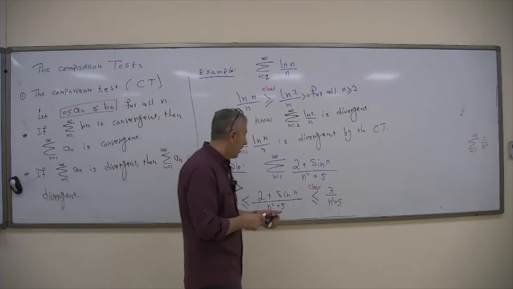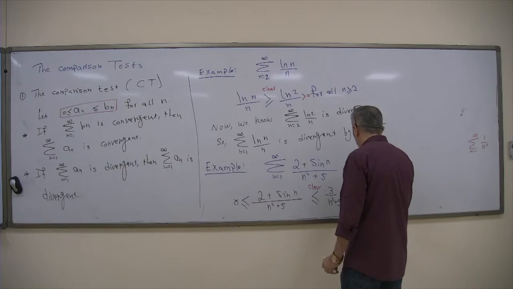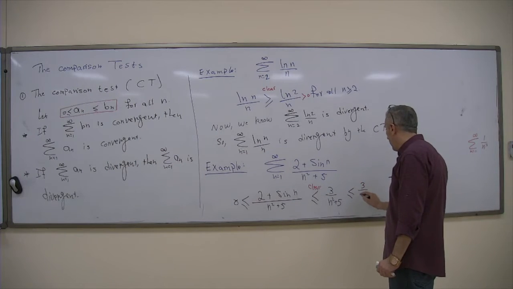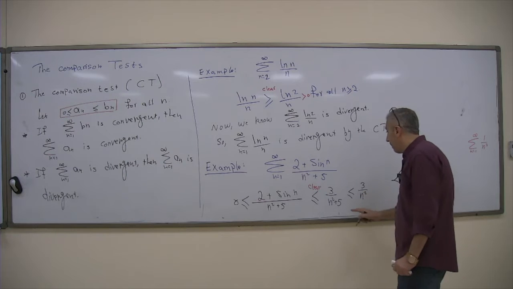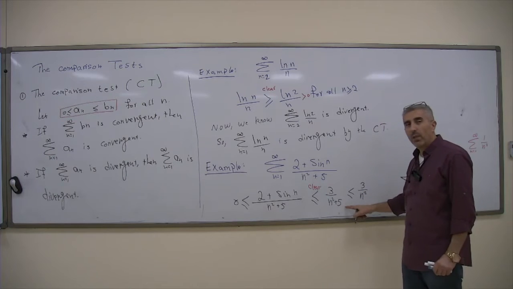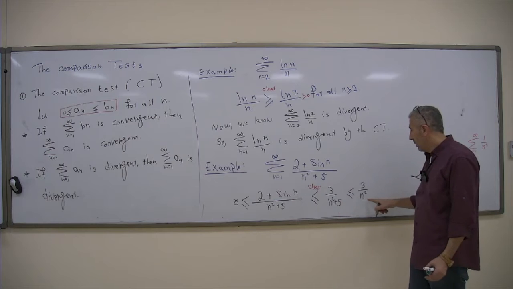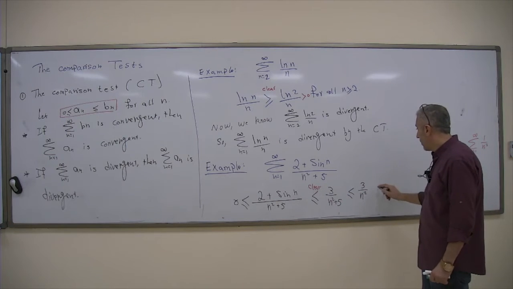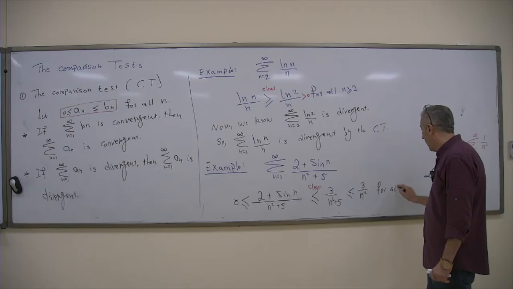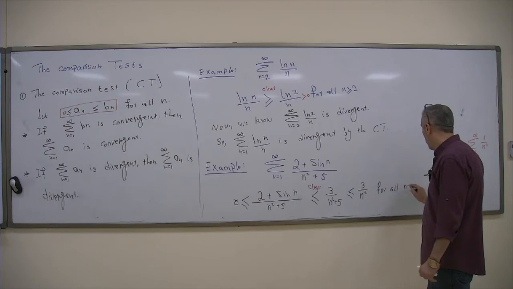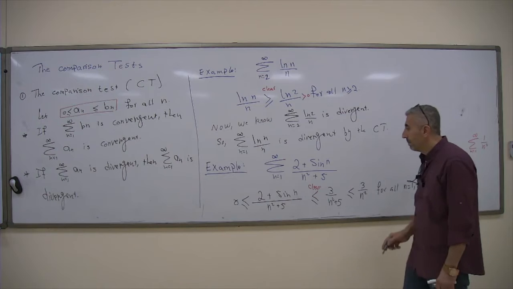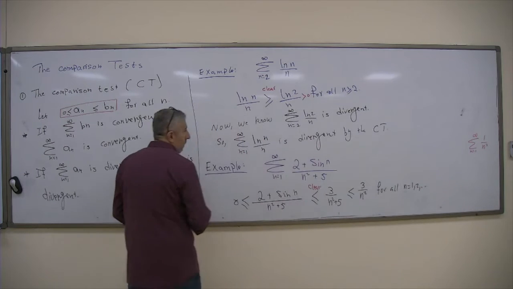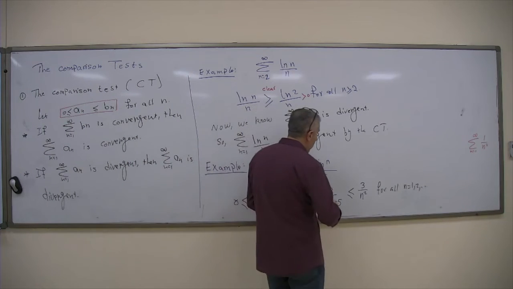Now, this is also smaller than or equal to 3 over n squared, because I have plus 5 here. So this is bigger than this. It means the fraction here is smaller, correct? This is true for all n larger than or equal to 1. And again here, that is clear.